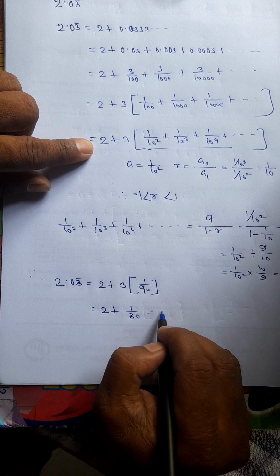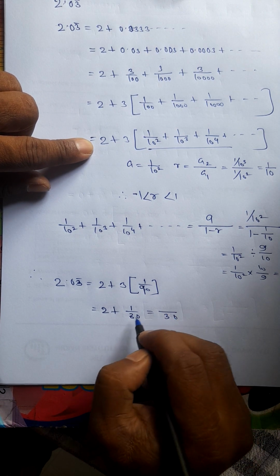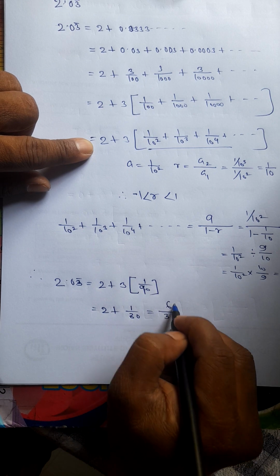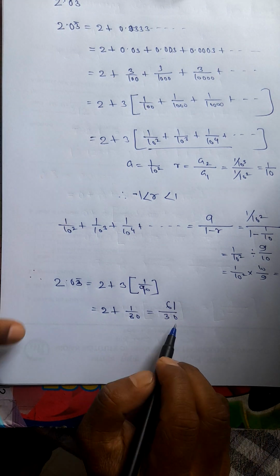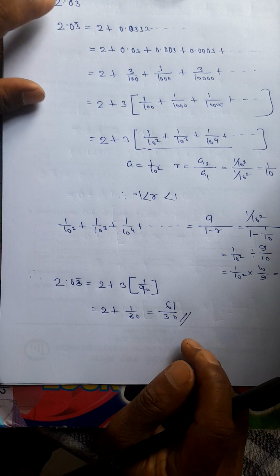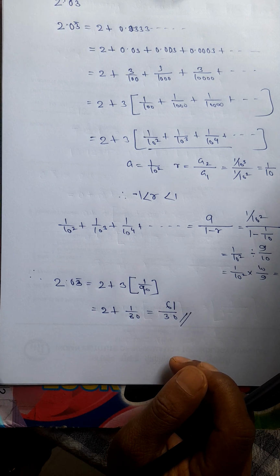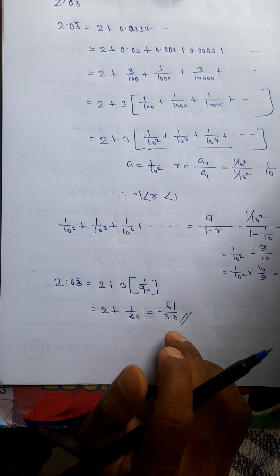So it is 2 plus 1 by 30, 30 times 2 is 60 plus 1, 61 by 30. So this is the fractional form of this recurring decimal. This is how we can convert recurring decimals into common fraction.